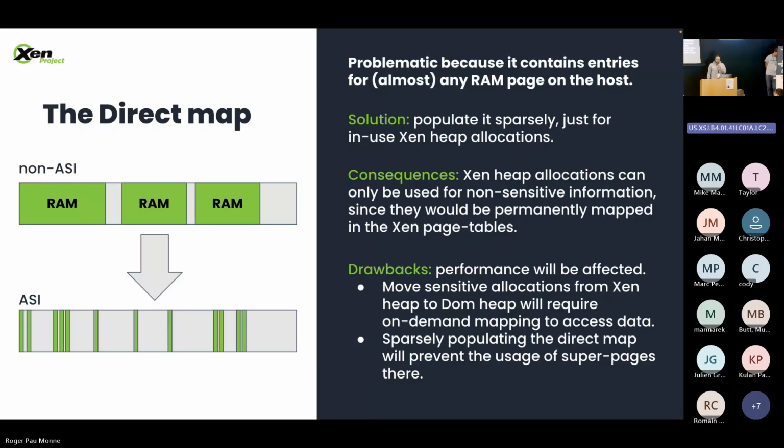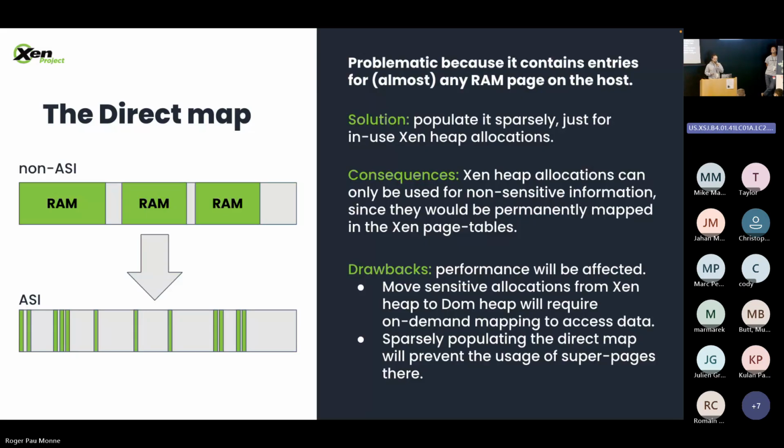One interesting side effect of going through this approach and the design constraint of keeping simultaneously domains with and without ASI support on the same running system is that suddenly you really do have two representations of the direct map, one that is fully populated and one that is not. This also means that when you want to allocate something from the Xen heap from, say, your DOM0 that has the full direct map, now you have extra bookkeeping to do.